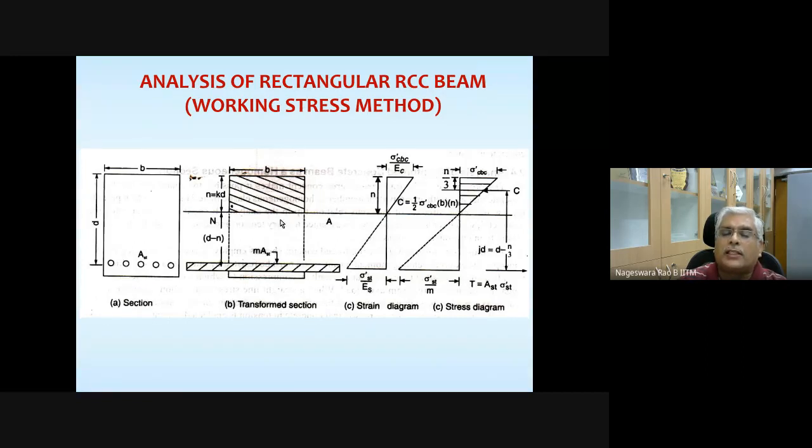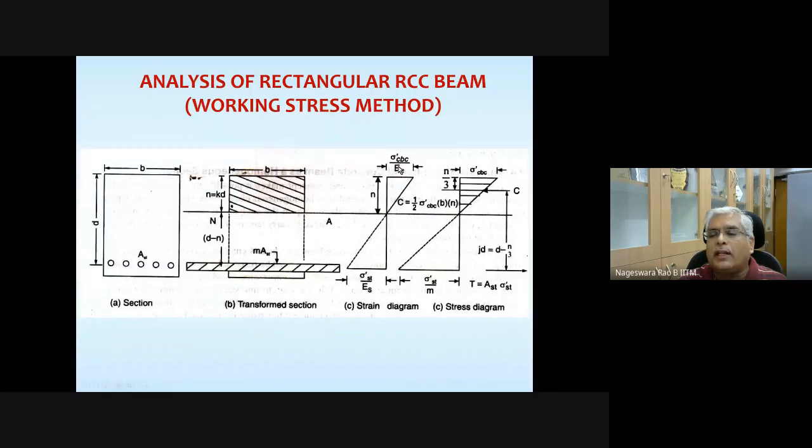And now strain distribution. Plane sections remain plane before and after bending, so strain variation is going to be linear. Till yesterday's lecture, we were writing everything in terms of epsilon. Here it is written in terms of sigma.